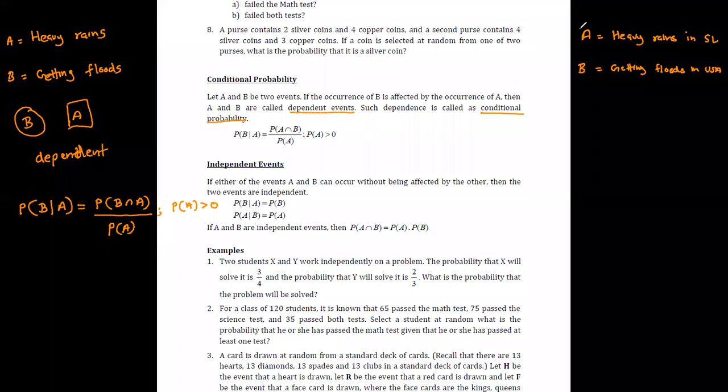These two regions are actually far away from each other. Then we can see that the occurrence of event A is not affected by the occurrence of event B, or vice versa. It means that the occurrence of event B is not affected by the occurrence of event A. In such situations, we call such events independent events. Therefore, we can say these two are independent events.